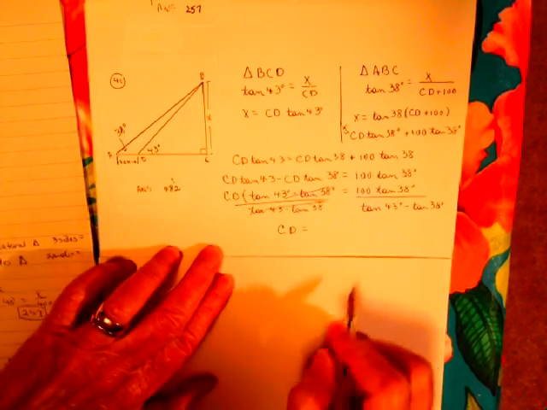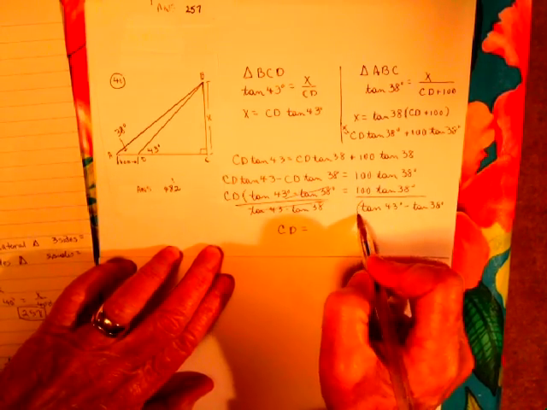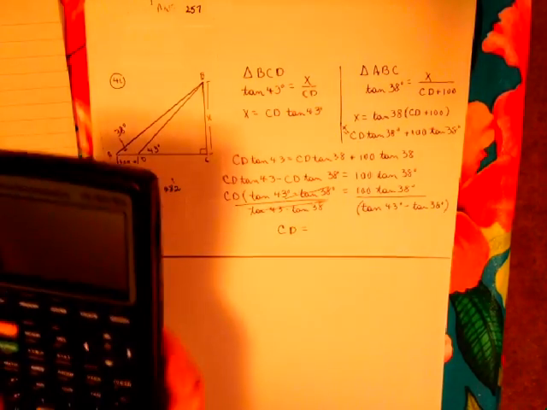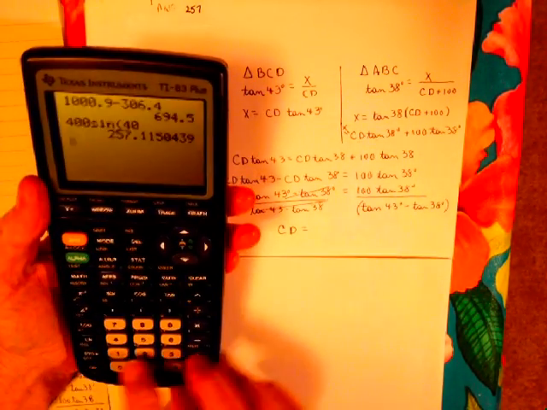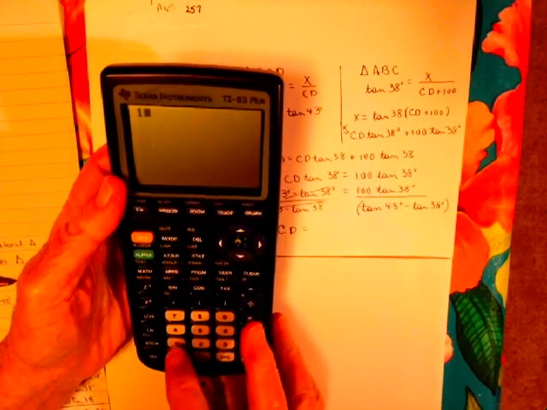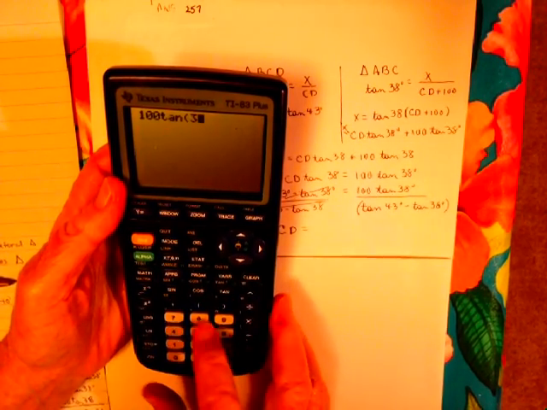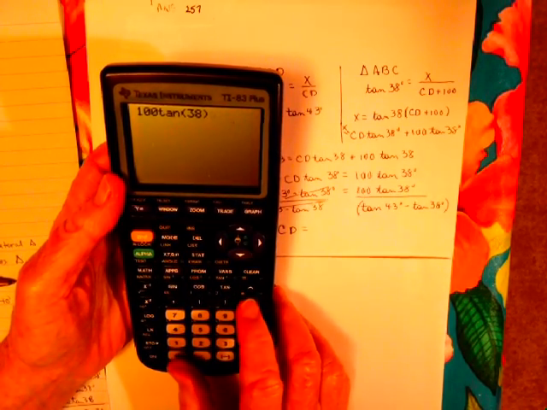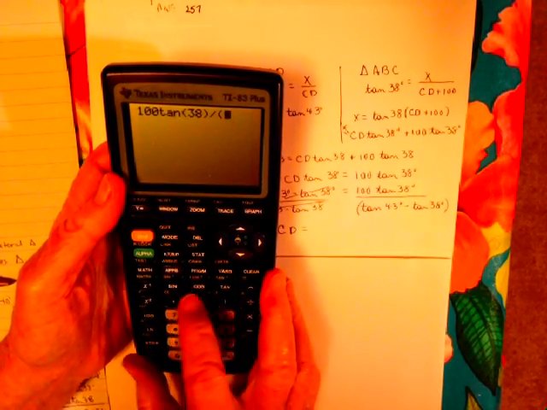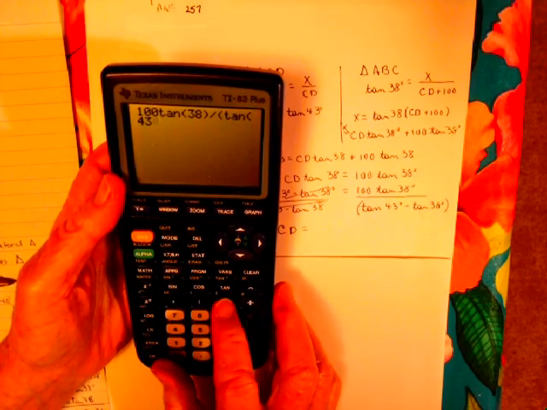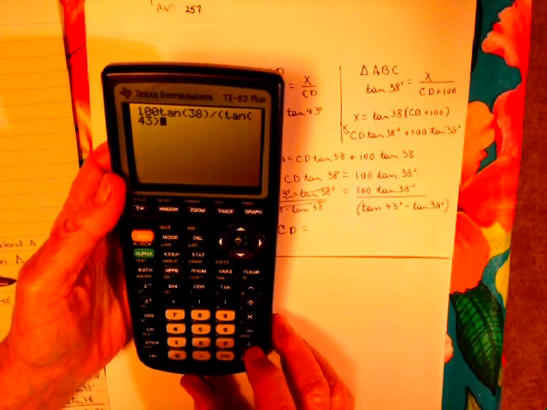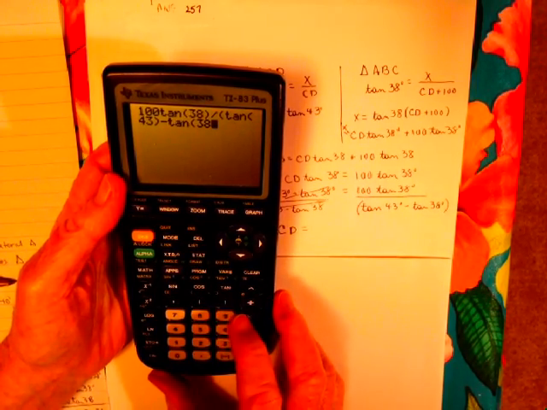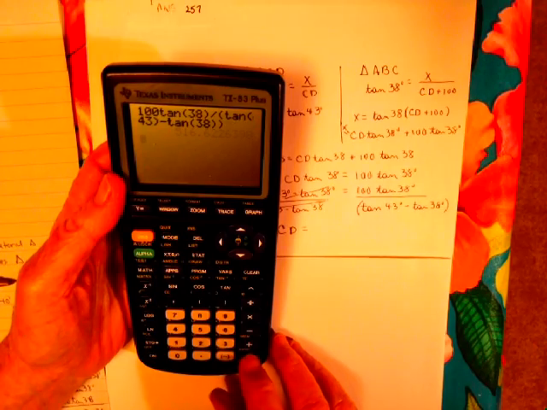CD equals, you can put this in your calculator. Be sure that you put this denominator in parentheses. I have 100 tangent of 38 divided by, open parentheses, tangent of 43, close parentheses, minus tangent of 38 degrees, close, enter.